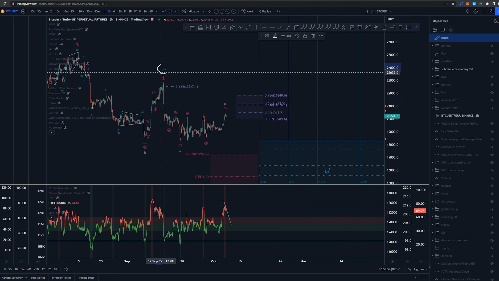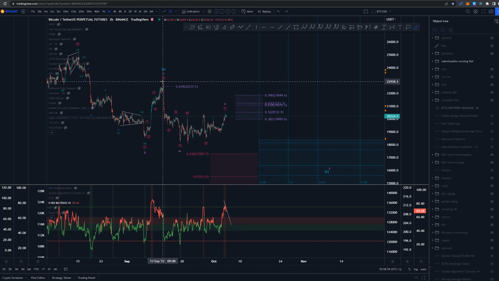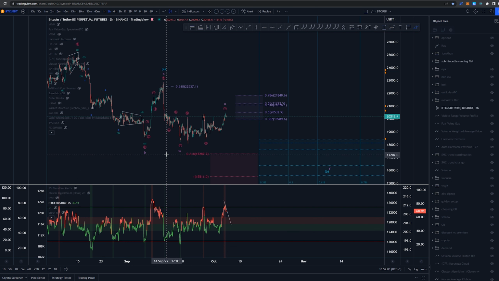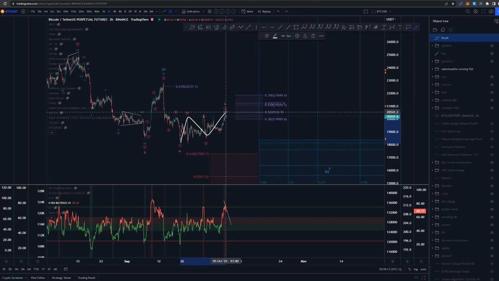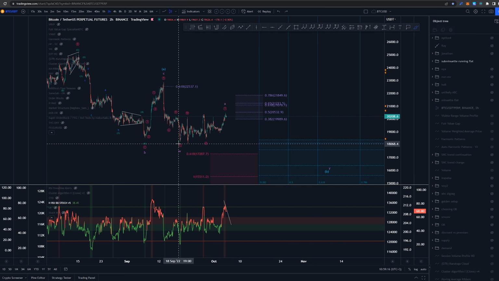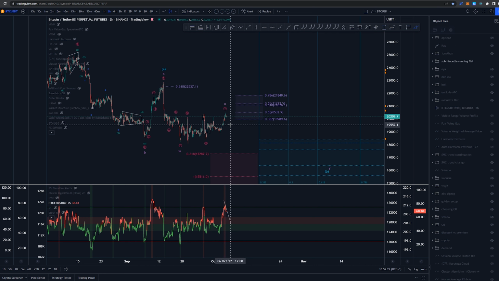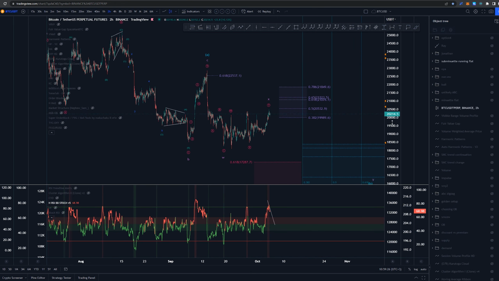Now, if we are pivoting again from this A wave and having that as the start of something, having that as a three-wave structure does not mean that we need to be looking for a motive wave count. Instead, we can just have a W, and then we don't have any limitations here on what kind of structure we are having, and this still fits very well as a three-wave structure, although this last wave Y is well beyond the wave W expectations.